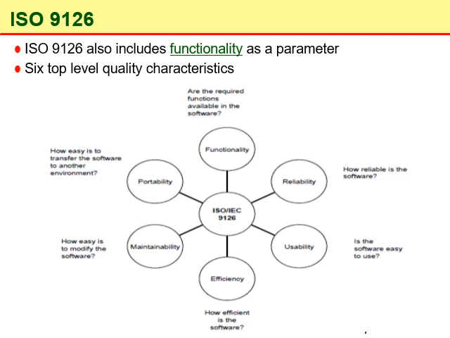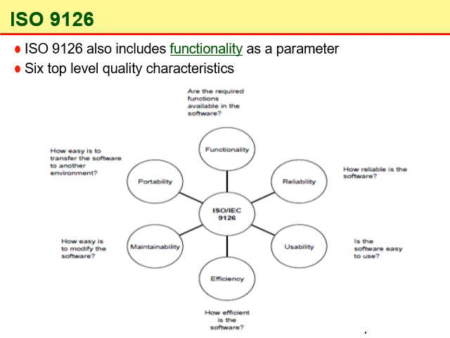Being structured in basically the same manner as Boehm's model and McCall's model, ISO 9126 also has some distinction from these models. That is, again, it includes functionality as a parameter. There are six top-level quality characteristics in this model, each associated with its own exclusive, that is, non-overlapping sub-characteristics that we will discuss in this video.